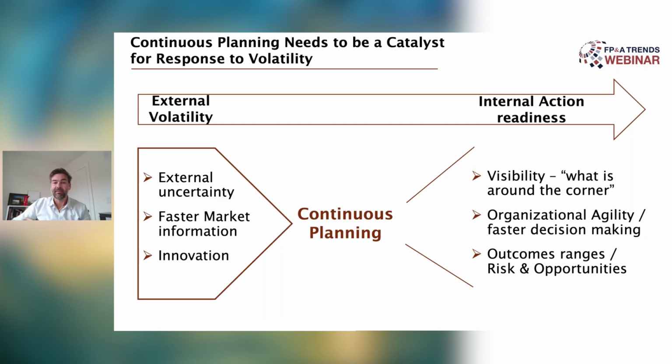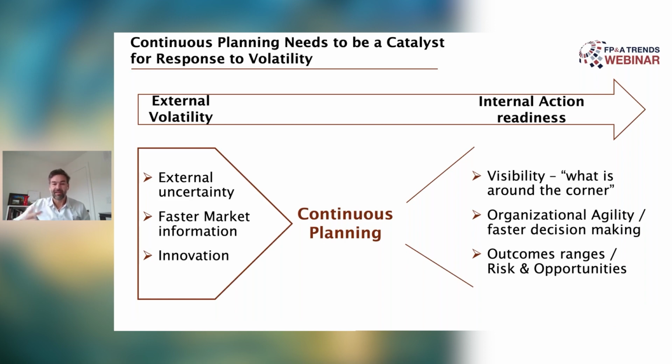Another one is faster decision-making and operational agility. We want the organization to be able to take decisions in a quick way. And again, here, continuous planning can help us on that. There are also particular situations that come to my mind from my experience. One of them, for instance, we can link back to a launch of a product. If we are in the early days of launching a product, we've been through that.